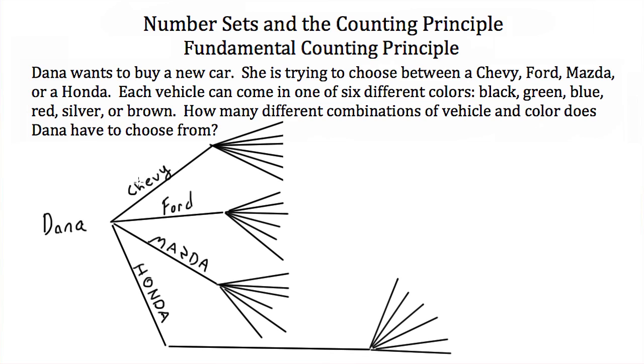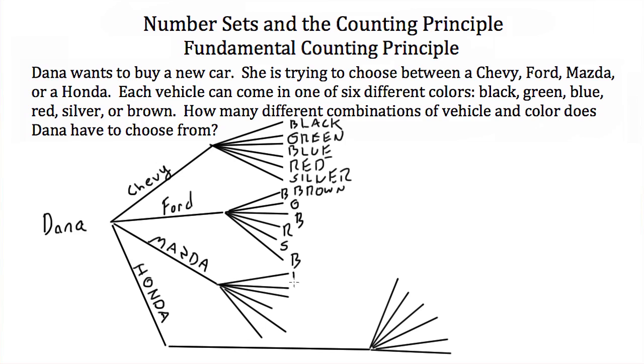If she chooses the Chevy, she can get a black Chevy, she can get a green one, a blue one, a red one, a silver one, or a brown one. And she has the same 6 choices if she chooses the Ford. Black, green, blue, red, silver, and brown.